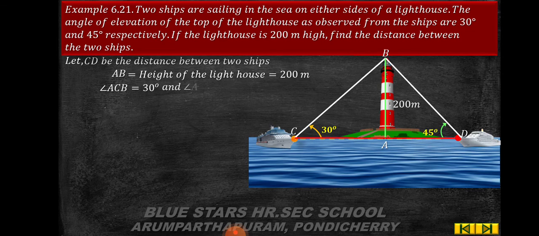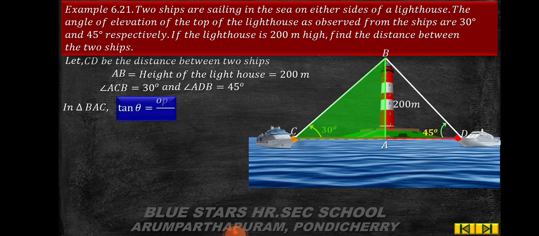Angle ACB is equal to 30 degree and angle ADB is equal to 45 degree. First we are choosing one triangle. So in triangle BAC, we are taking one side of the triangle.